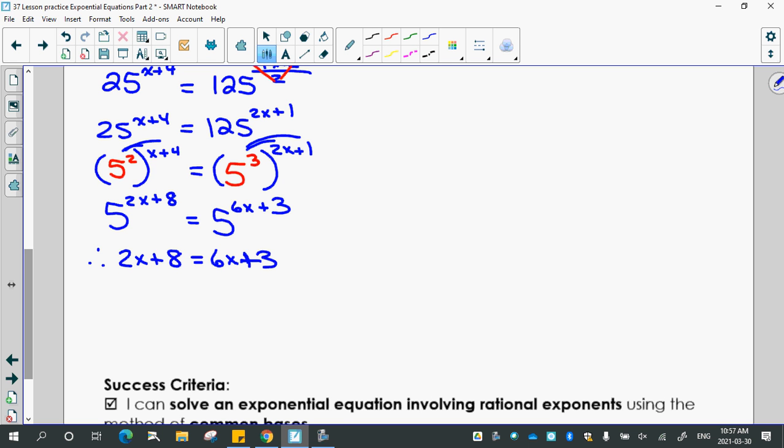If I want to keep them positive, I can subtract 2x from both sides, keep the coefficient of x positive. Subtract 3 on both sides.